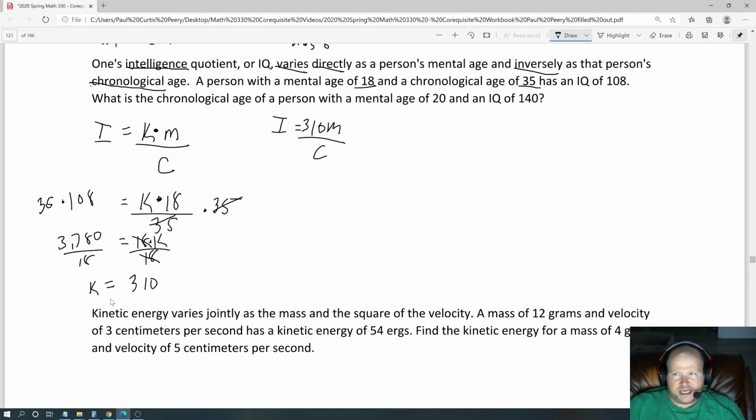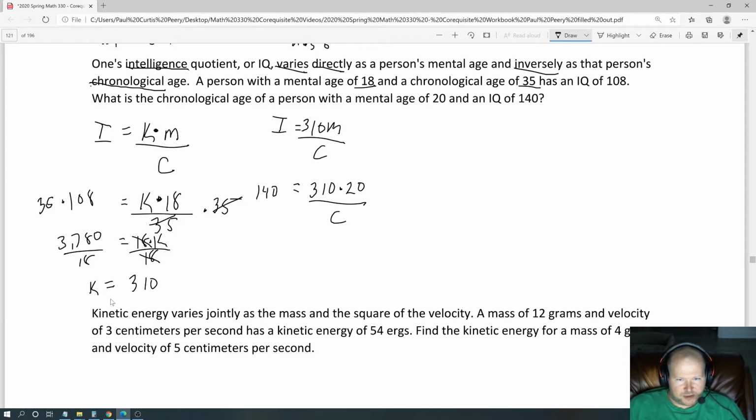Now they say, what is the chronological age of a person with a mental age of 20? So now we have a mental age of 20. They want to know the chronological age, which means that's the one we don't know, but we do know that the IQ is 140.